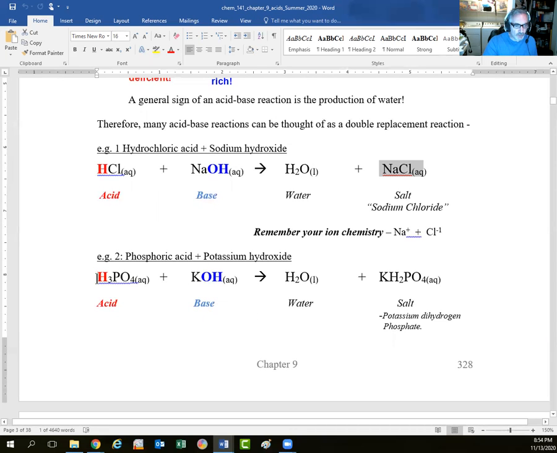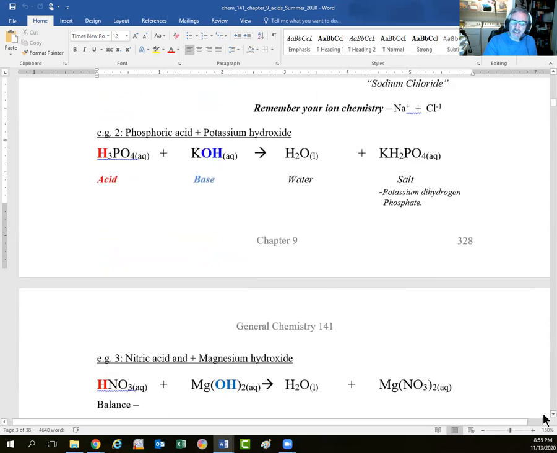Likewise, reacting phosphoric acid with potassium hydroxide, we take the hydroxide from the base, the hydrogen, or one of the hydrogens, from the acid, that gives us water, and then the leftover bits, which is now dihydrogen phosphate, and the potassium form potassium dihydrogen phosphate. So form water and then combine the leftovers.